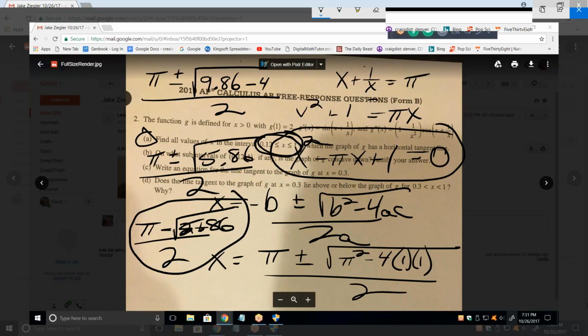Anything that says free response. So if I'm taking an AP Calc exam, I'm going to leave those for the last. I'm going to do everything else first, and then I'm going to try to do those. Okay? You understand what I'm saying?